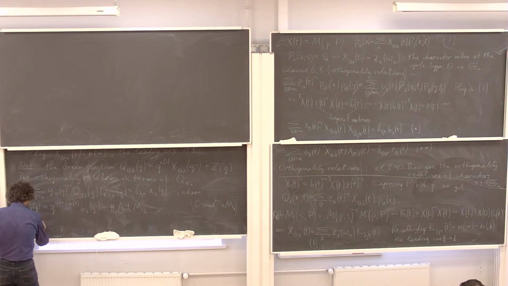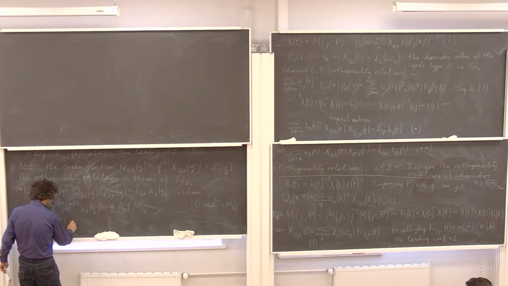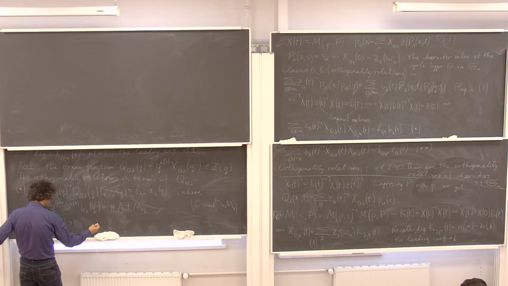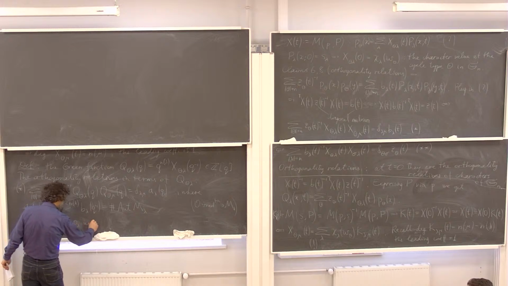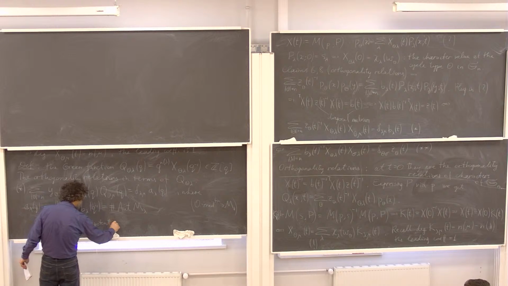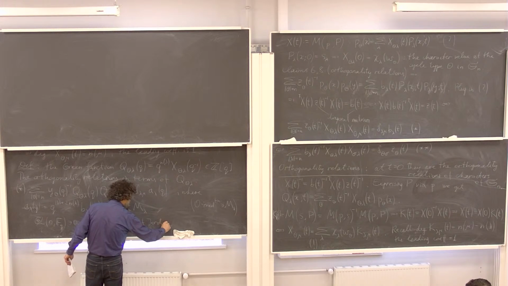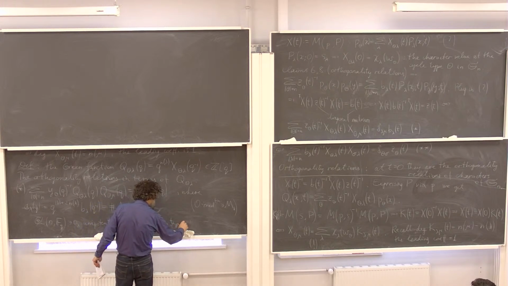We have the group GLN of FQ, and there we have a unipotent element, say O lambda, of Jordan type lambda.